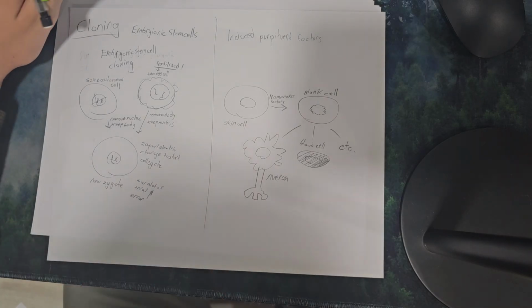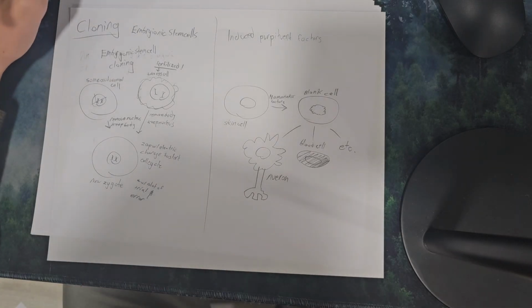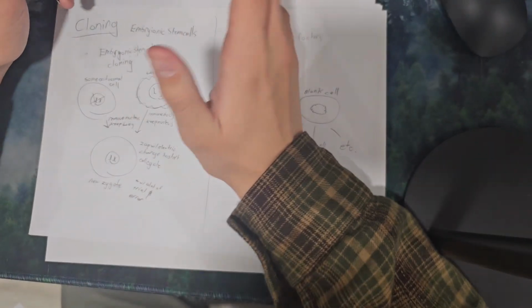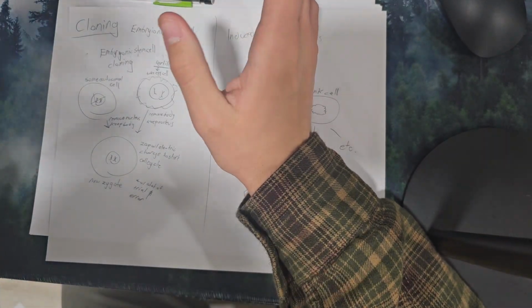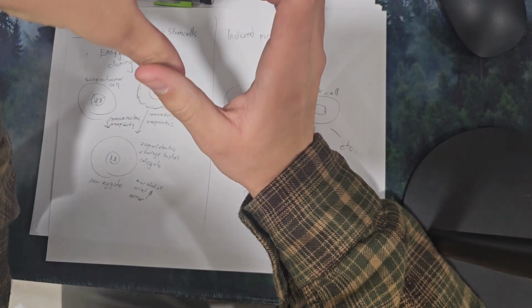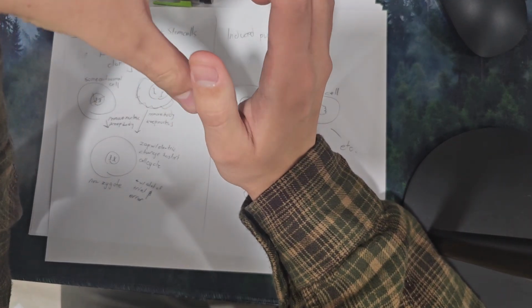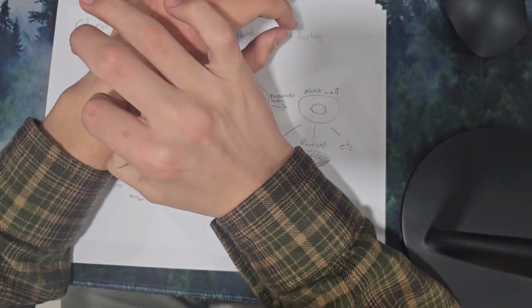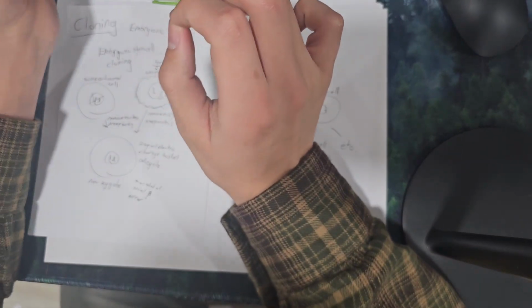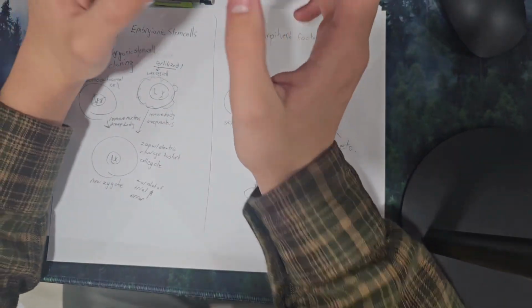Okay, cloning, embryonic stem cells. Embryonic stem cells is basically when you have an autosomal cell, for example, say you have a piece of your skin. You take out a skin cell. You just take one out, and you have this fertilized egg cell.